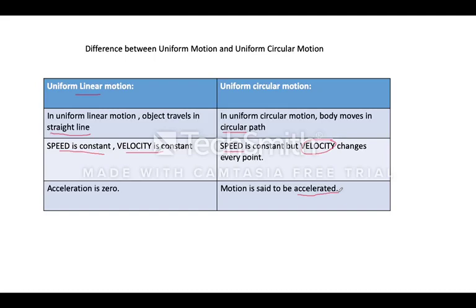You know that acceleration is change in velocity in time. So if the velocity is changing, it is accelerated. That's why the motion is said to be accelerated in uniform circular motion, whereas in uniform linear motion the acceleration is zero because the velocity is constant.